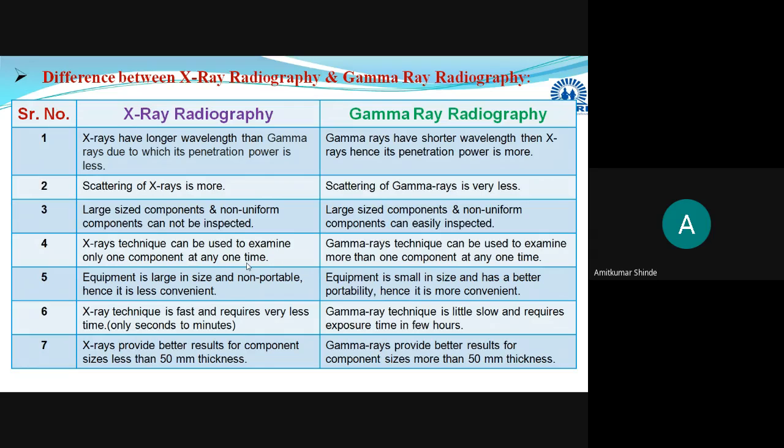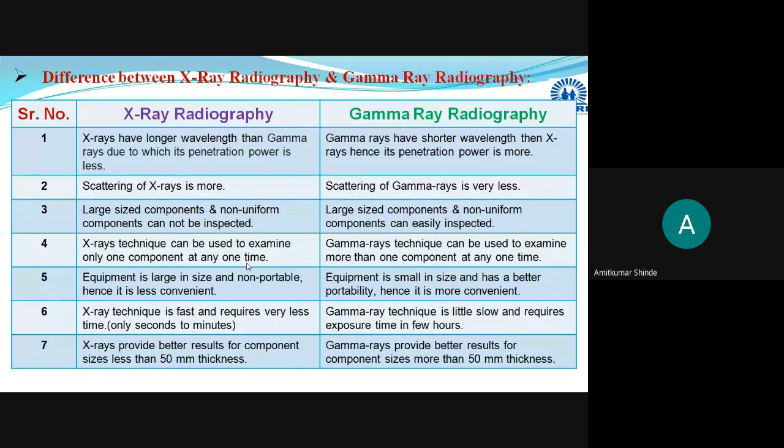Four options are provided here. Option A is diffraction, option B is reflection, option C is interference, and option D is absorption. Can you provide me the answer for this question? You can put the answer in the chat box.